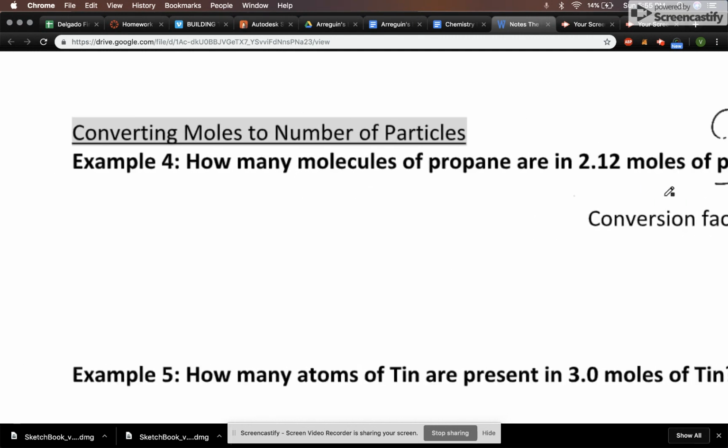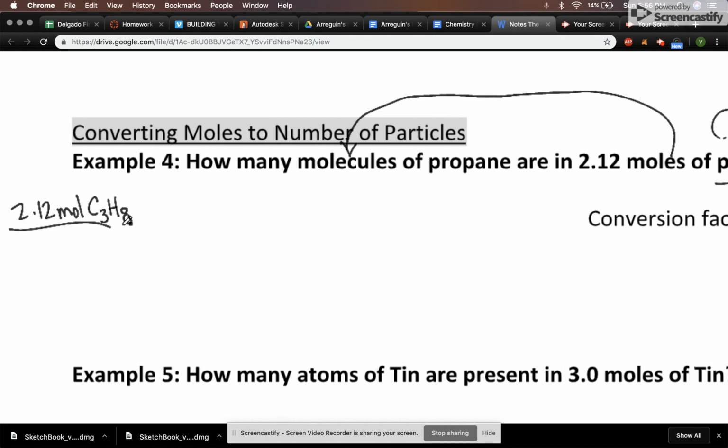First, let's go back into solving the problem. We notice that we want to go from moles to molecules. In order to do that, we're going to write down what's given first: 2.12 moles of propane, C3H8. We write that over 1, same as usual. We multiply that by our conversion factor.